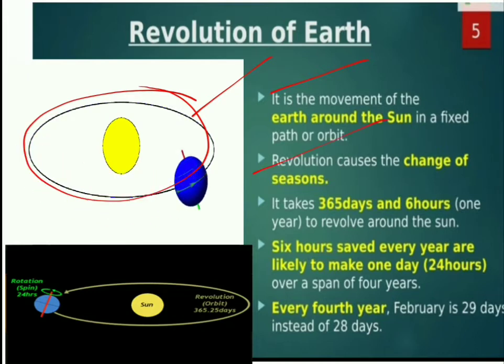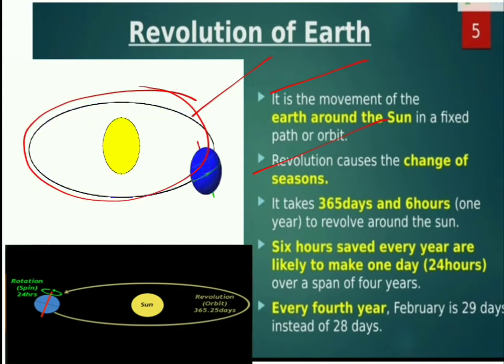Revolution causes the changes of seasons. So which seasons do we have? We are experiencing four seasons. Those are winter, summer, rainy and autumn. So these are the four seasons we are experiencing on the earth's surface.